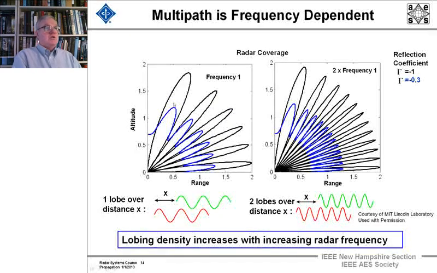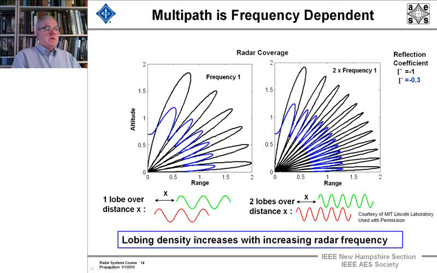Now, this shows the frequency dependence of the same view graphs. If I do this calculation with frequency 1, and then do it with twice frequency 1, you can see that there are a lot more lobes, and they're thinner when you have higher frequencies.